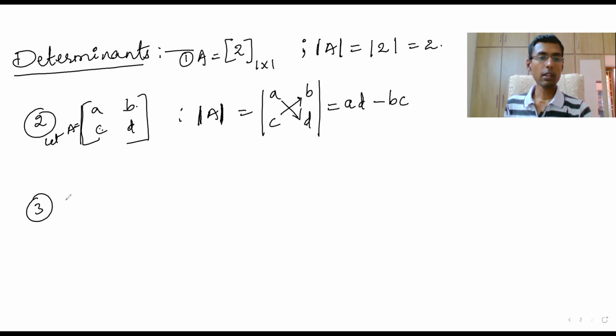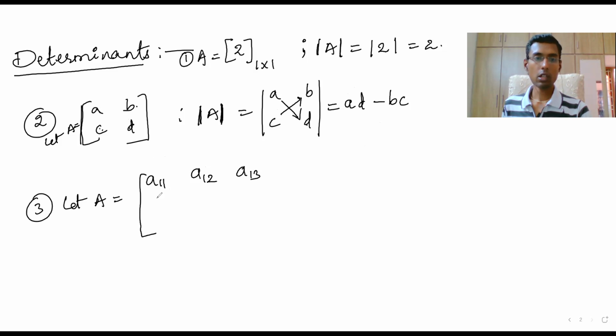Then let A equal to this matrix: A11, A12, A13, A21, A22, A23, A31, A32, A33.